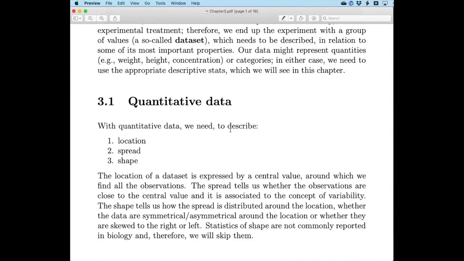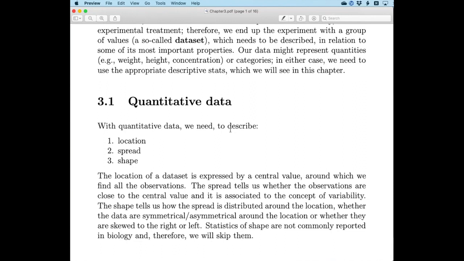The first step is to describe those data. I mean, we might have, let's say, 1,000 data, 10,000 data, 100 data. We cannot report all the data. So we have to find some statistics to describe the properties of the data set, right?